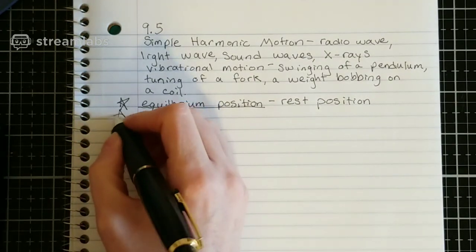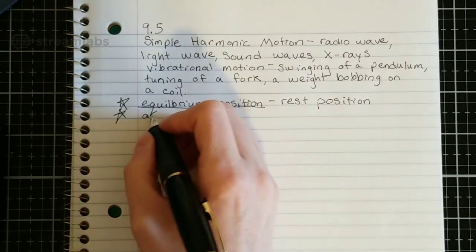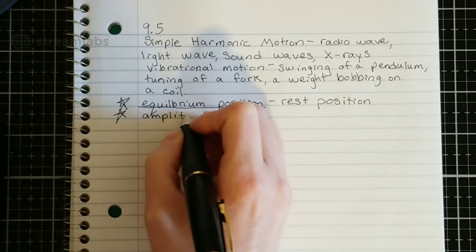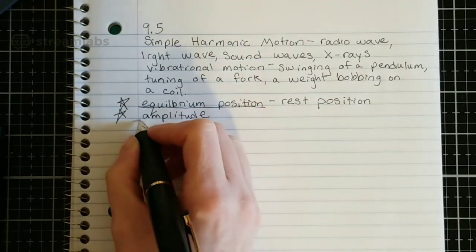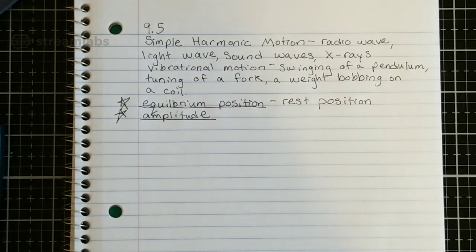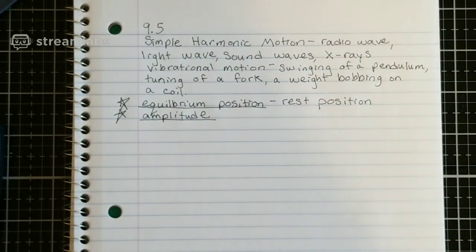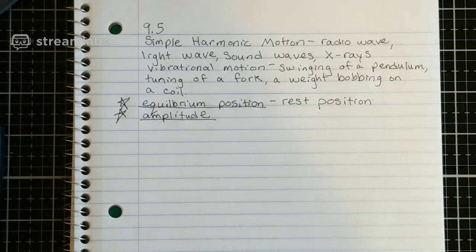The other one that you really need to know, and there's going to be several of these, of course, amplitude. So we've talked about amplitude on the graph where it's like the highest and the lowest point. So on here it is the distance from the object's rest position to its point of greatest displacement.